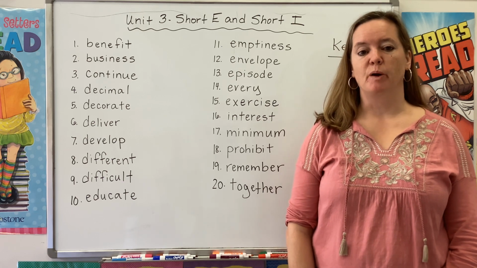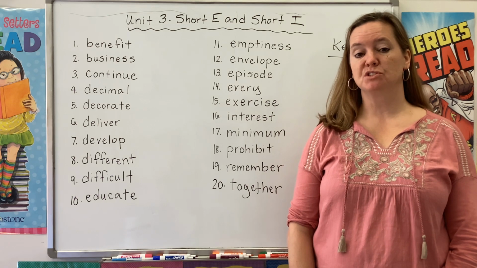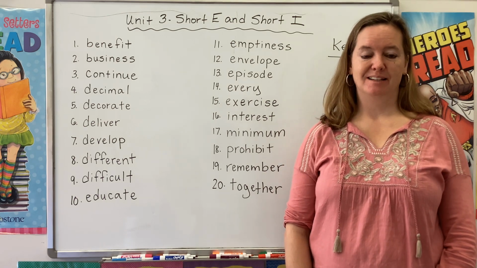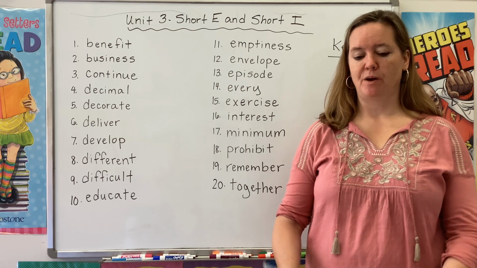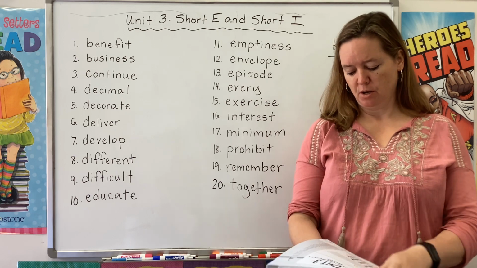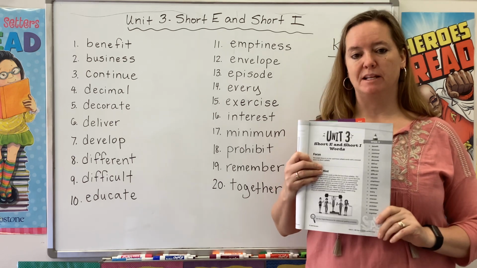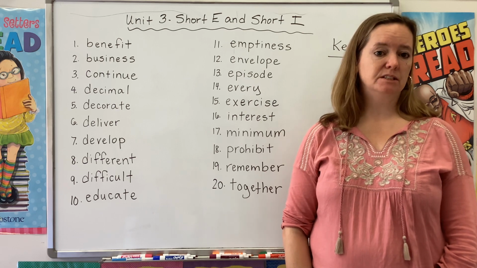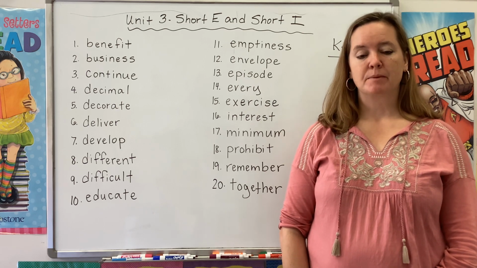My name is Mrs. Rhoades and I am here today to get you started on Unit 3, Short E and Short I. Please take a second and make sure you have all your materials. You should have this purple book open to page 23. You will also need some colorful writing utensils, whatever you can find.